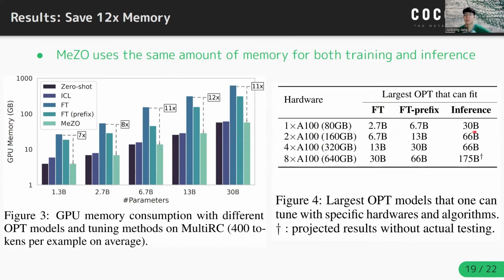But when you use inference, you can fit a 30 billion OPT model. And since MeZO uses the same amount of memory as inference, MeZO can fit a 30 billion OPT model on an A100 GPU, which is a very significant memory saving.